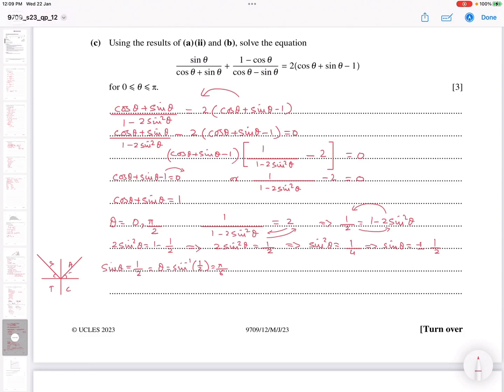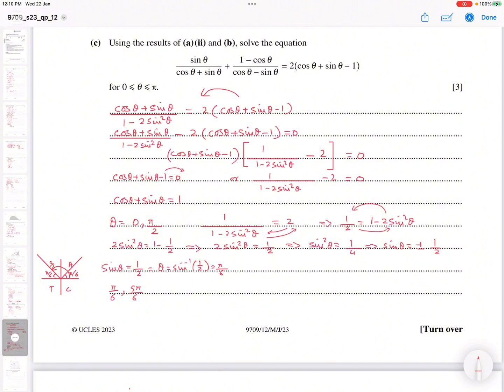So your basic angle pi by 6 is here and pi by 6 is here. So in first quadrant you have to pick pi by 6, and for the second quadrant you have to subtract pi by 6 from pi. So pi minus pi by 6 is 5 pi by 6. So these two results we can take from the positive sine theta, which is 1 over 2.